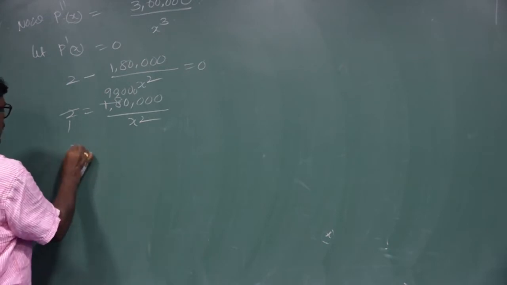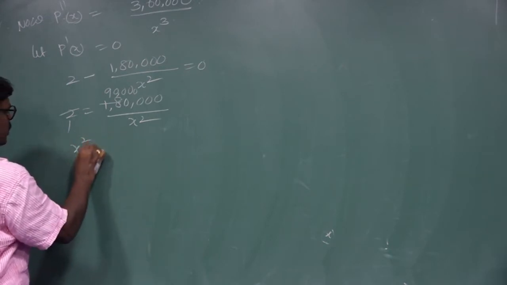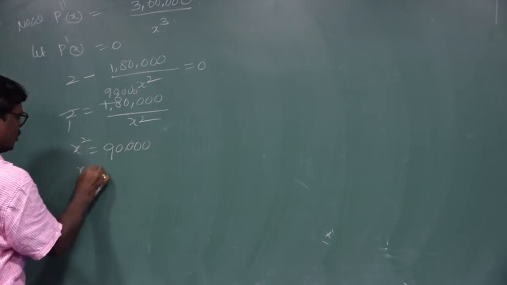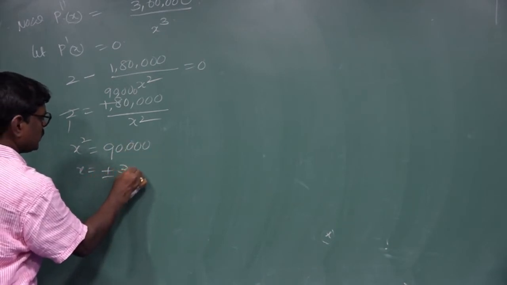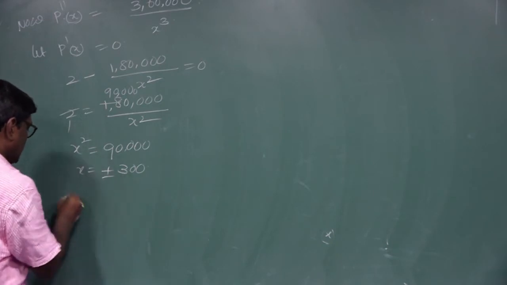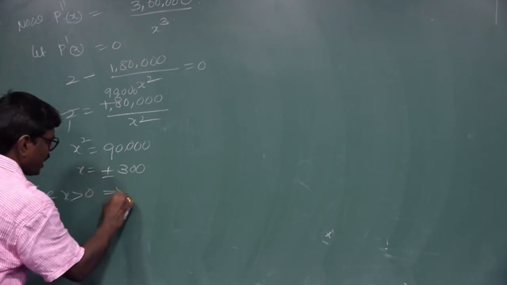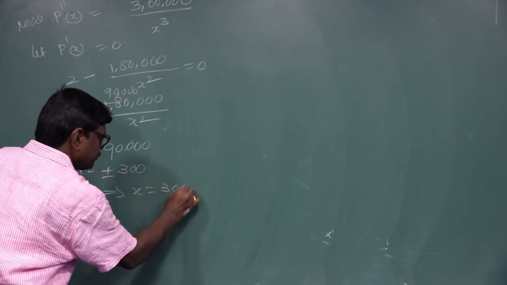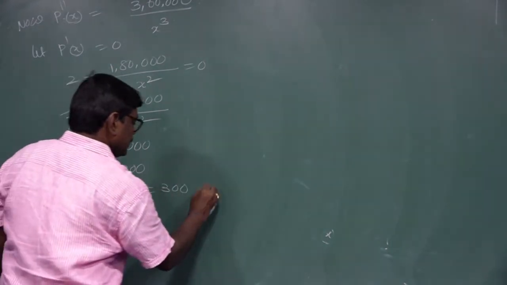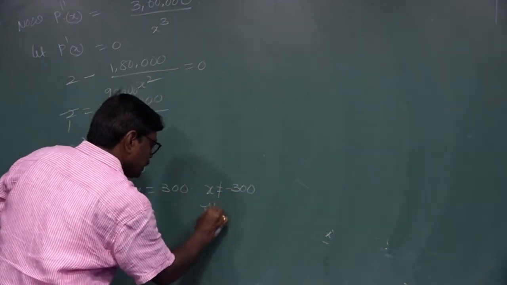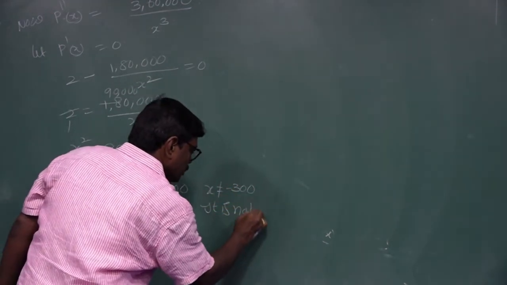Yes, x square equal to, x equal to plus or minus 300. x greater than 0 implies x equal to 300 and x not equal to minus 300. It is not possible.